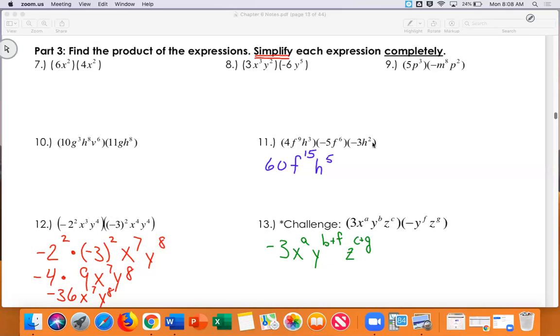All right, so what did you get for number 7? Okay, 24 x to the 4th. Perfect. Emma, what did you get for number 8? For number 8, I got negative 18 x to the third, y to the 7th. Perfect.